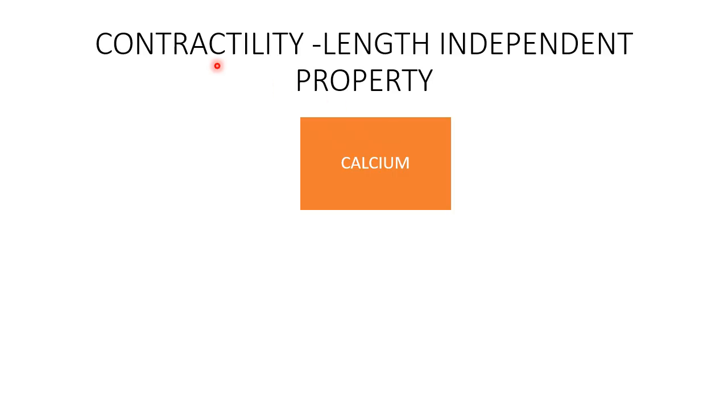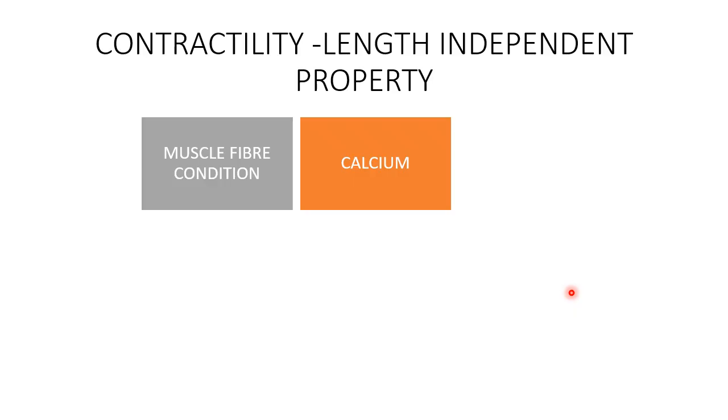Final property, the mechanical property, is the contractility, which is a length independent property. So at a given length, the muscle is able to contract. It depends on the calcium availability in the muscle fiber, the condition of the muscle fiber.